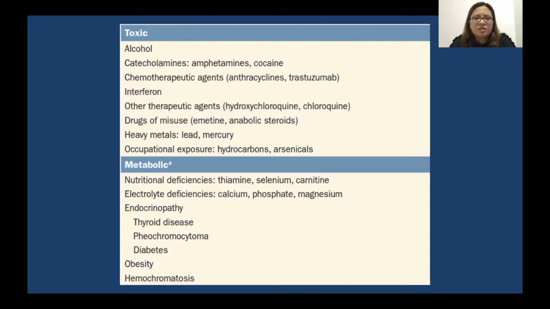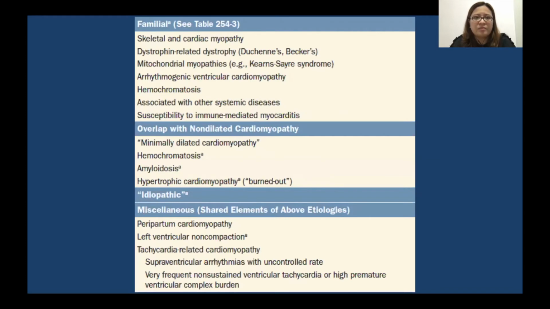Metabolic causes such as nutritional deficiency in thiamine, selenium, and carnitine can also cause DCMP. Electrolyte deficiencies, endocrinopathy such as thyroid diseases, pheochromocytoma, and diabetes can cause metabolic dilated cardiomyopathy. Obesity and hemochromatosis were also reported.